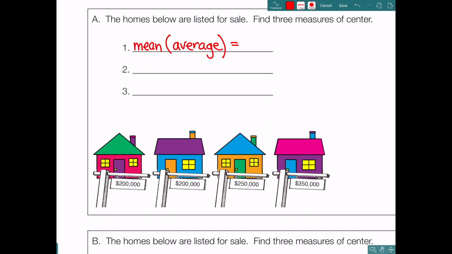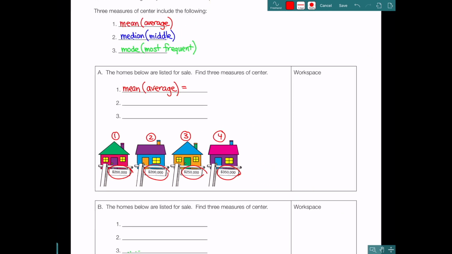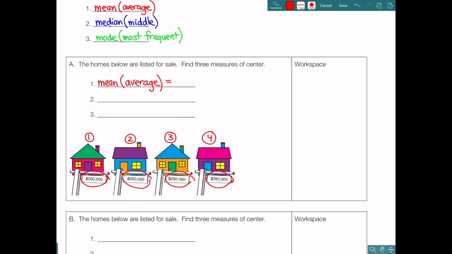Here's how you figure out the average. Take all the values, 200,000, 200,000, 250,000, and 350,000, add them all up, and then divide by 1, 2, 3, 4. Let's add up all the values. Use the workspace. First we have 200,000, then another 200,000, then 250,000, and finally 350,000.